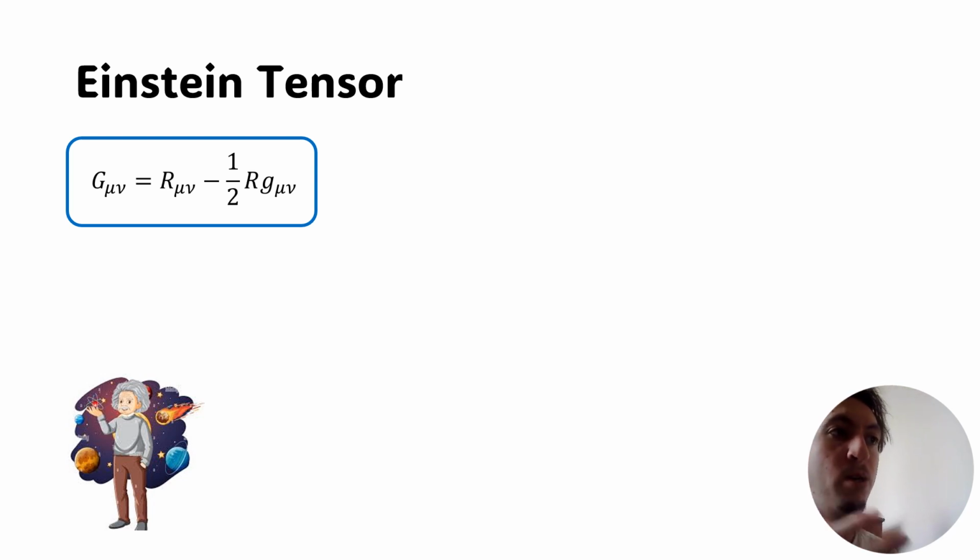So each component of our Einstein tensor will be the difference between the curvature at that particular point in space-time and some kind of average curvature over space-time.